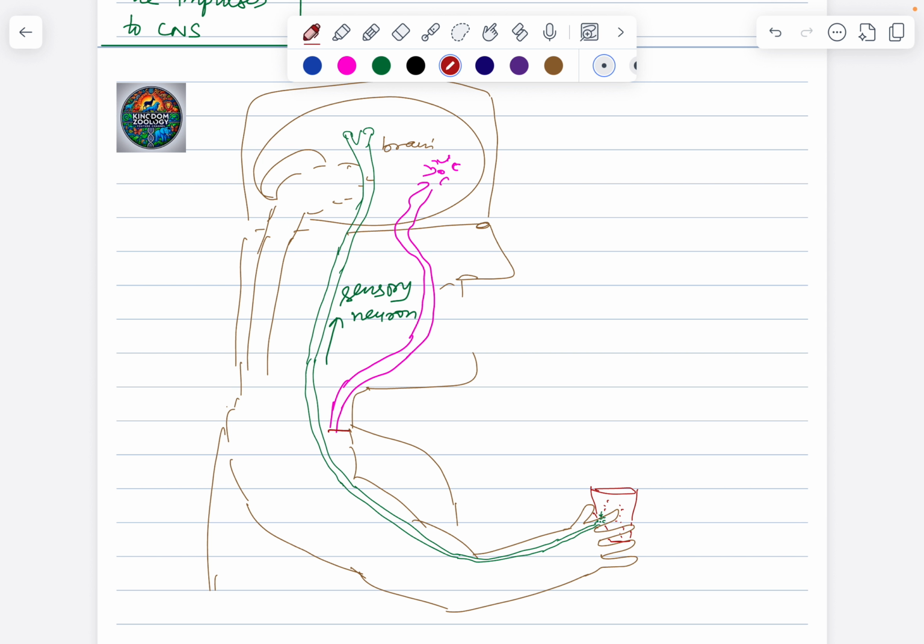Here is the striated muscle of your arm. Let's say I can actually bring it down over here. And what muscle do I have at this place? The neuron is going to basically end like this, releasing neurotransmitters on the striated muscles of the arm.